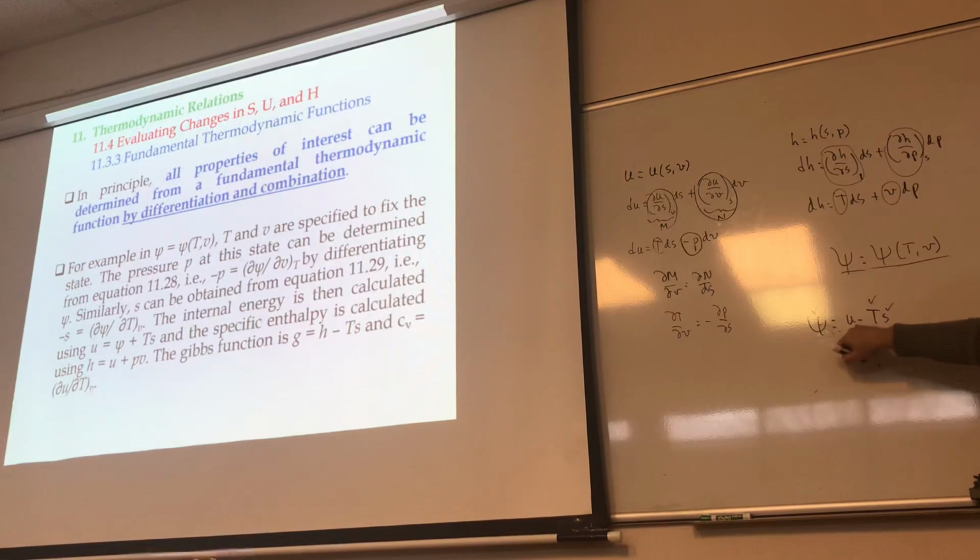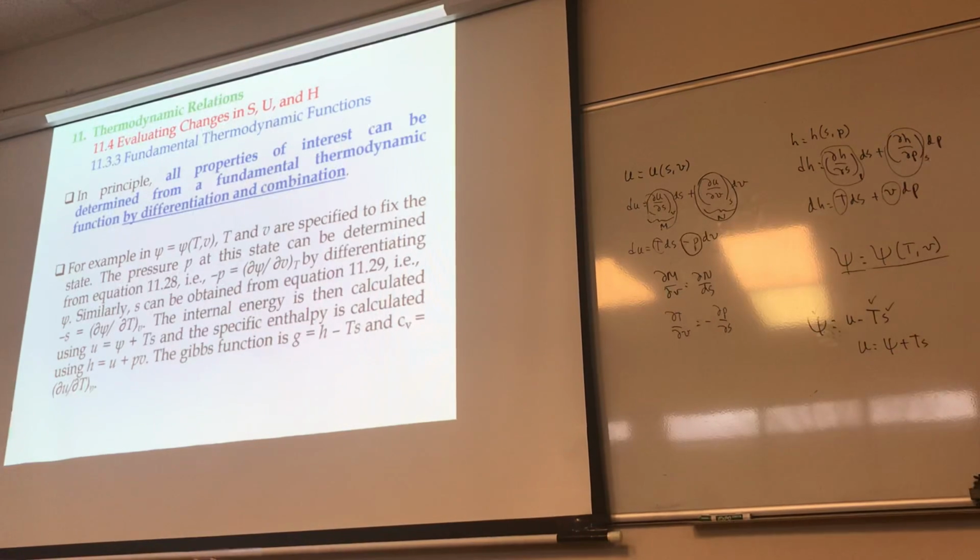That means I can find U. You march from one thing to another: U is equal to psi plus Ts. Now I know the pressure and volume, so I can get H, which is U plus PV.